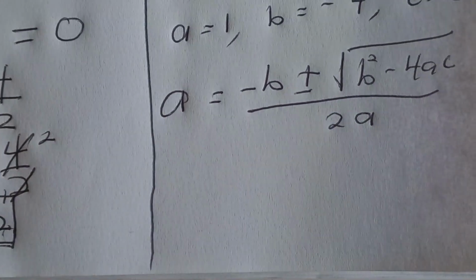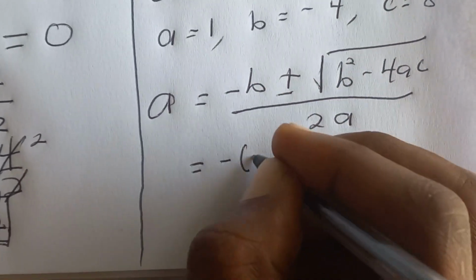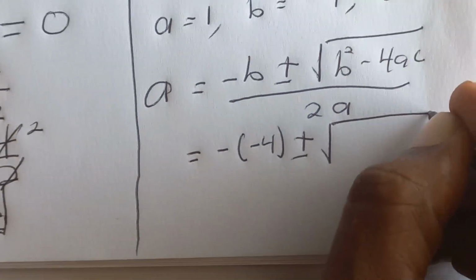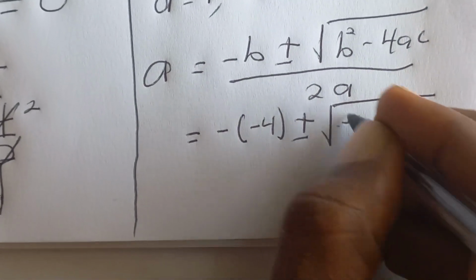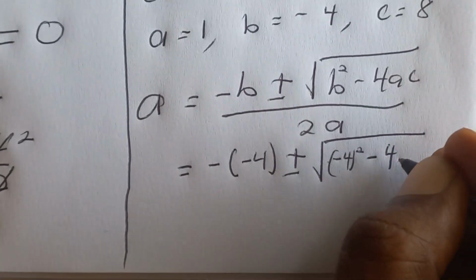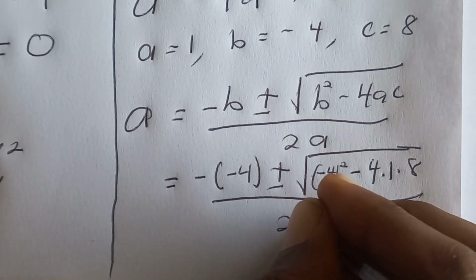So now we have 4 plus or minus root of (-4) squared minus 4 multiplied by 1 multiplied by 8, all over 2 multiplied by 1.